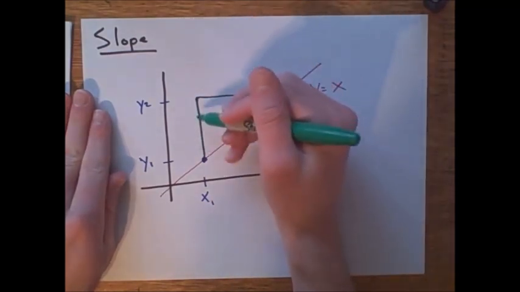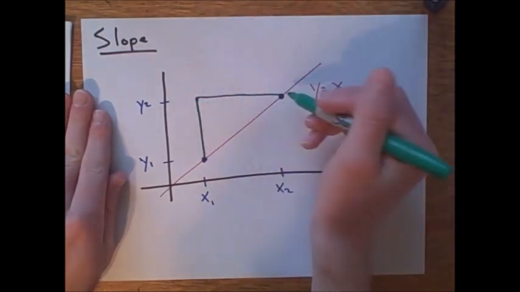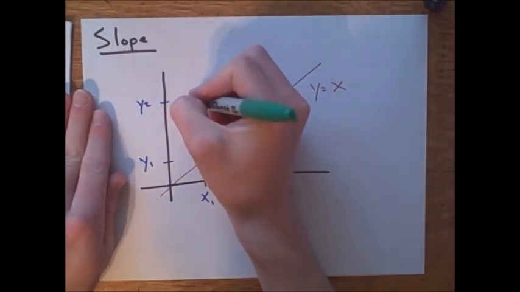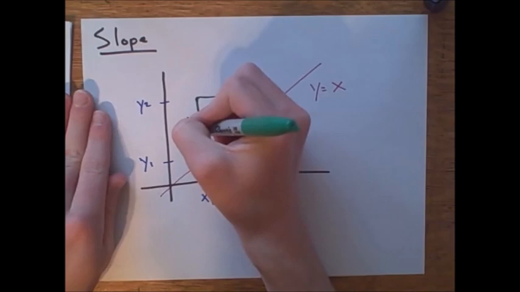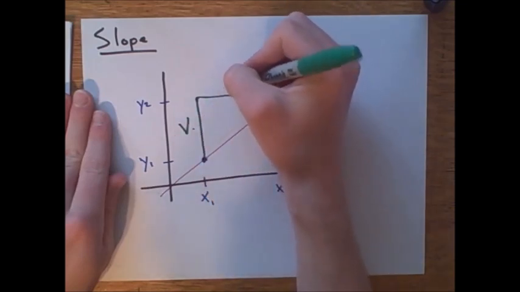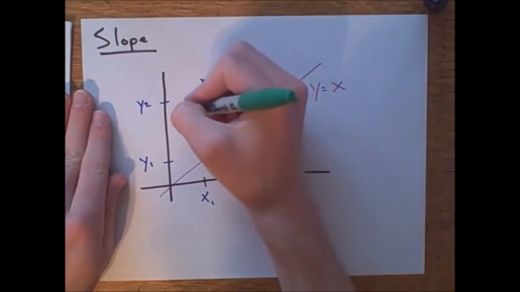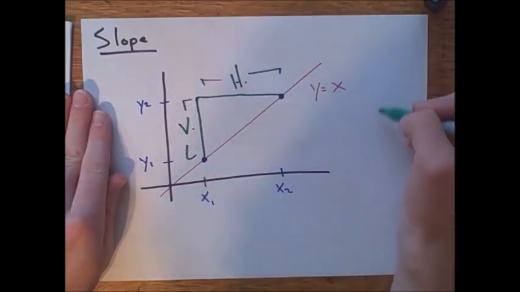And so we know that the slope formula is going to be this over this. So if we call this v, and this is going to be h, we know that slope would equal v over h.